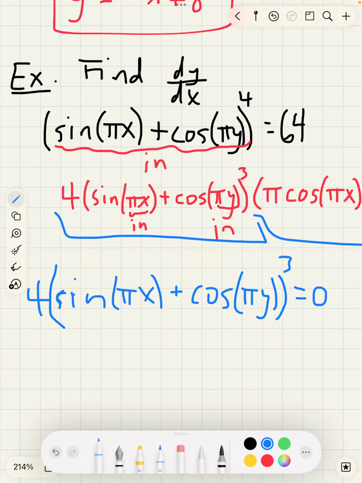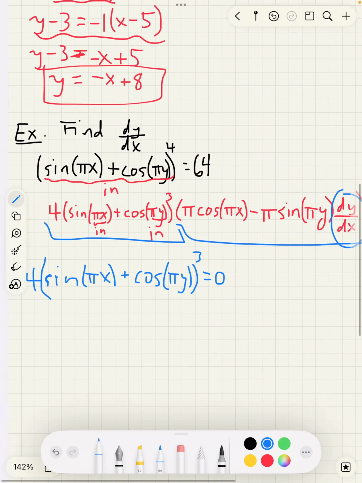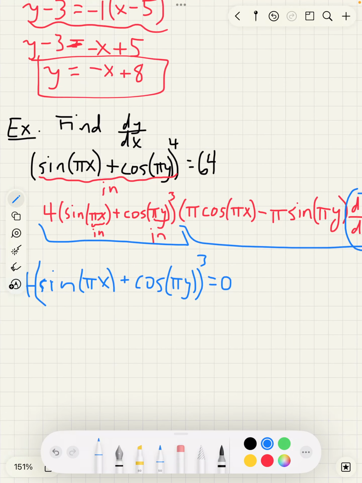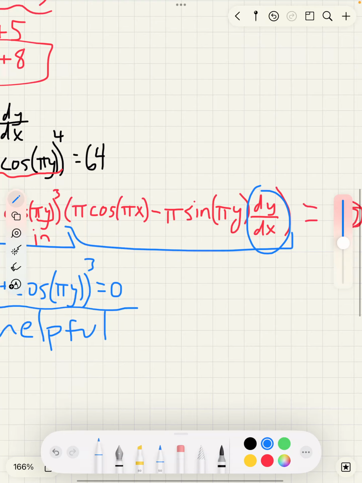We only care about dy dx. Since this is not going to give me any useful information, I don't need it. Not helpful. The other factor, though, does involve dy dx. So I'll get some useful information out of that one.